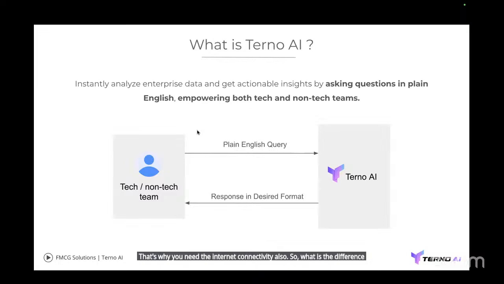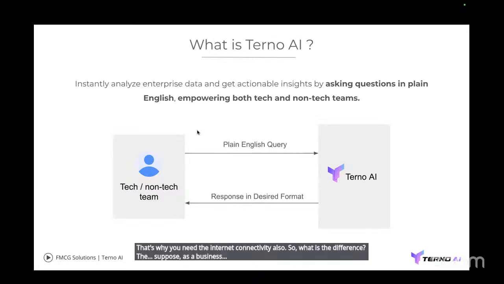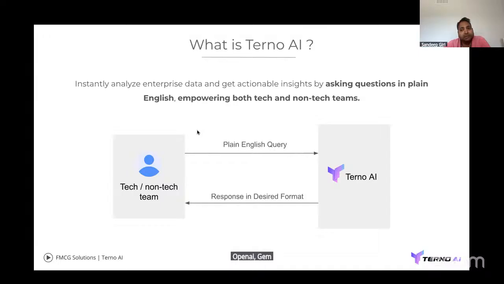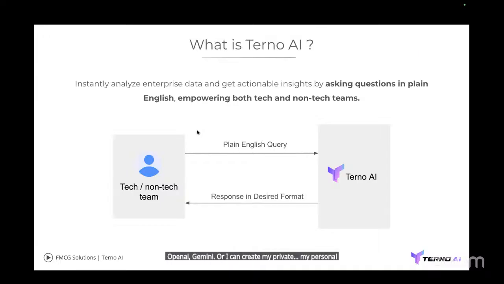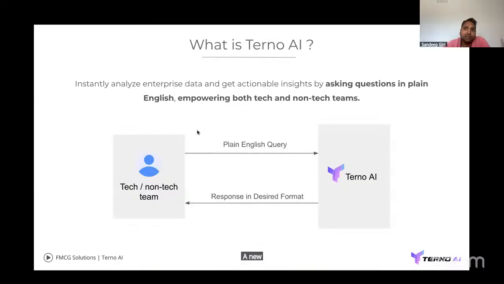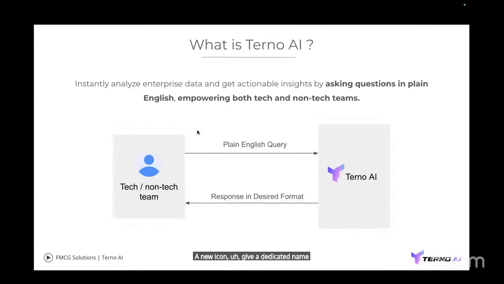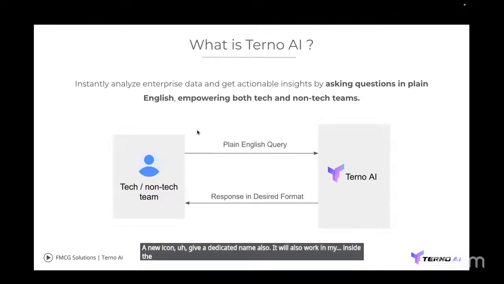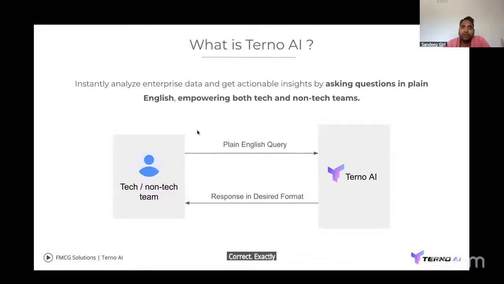Suppose as a business, as an entrepreneur, I'm using OpenAI or Gemini, or I can create my own private OpenAI account, give it a dedicated name, and it will also work inside my premises. Exactly. Hear me out. I understood your question.